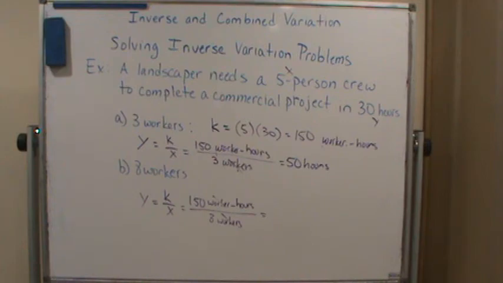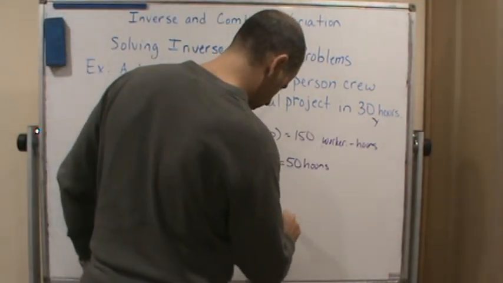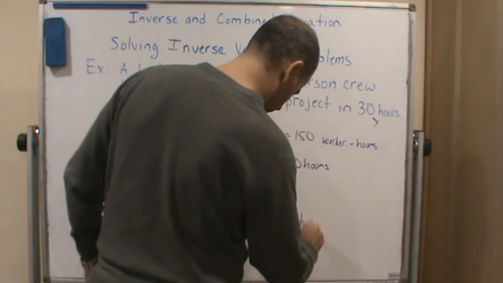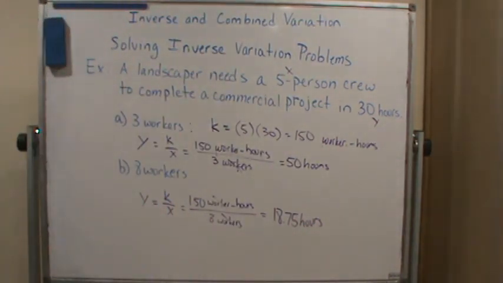So I know my answer has to be less than 30. And I get 18.75. And that makes sense.